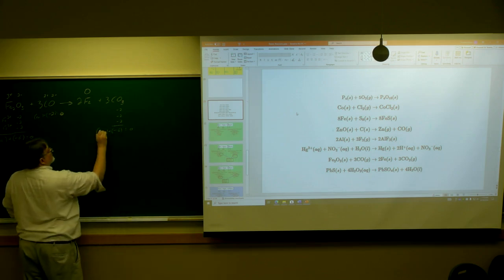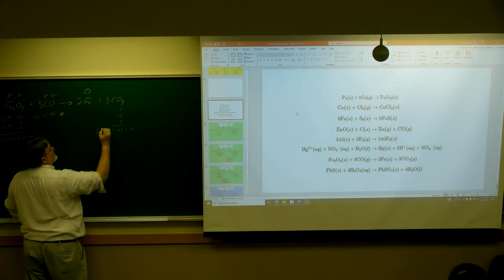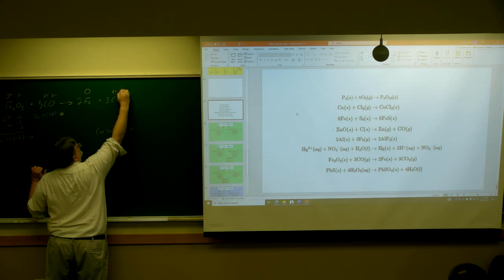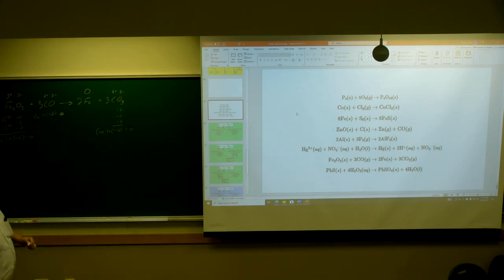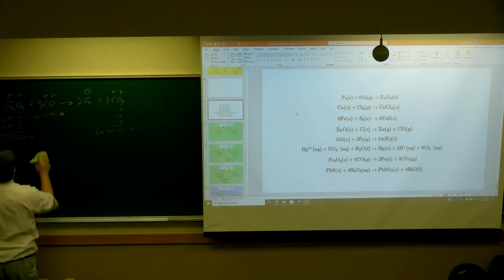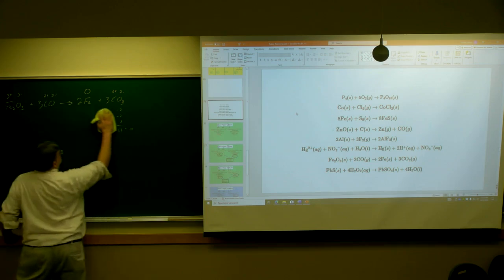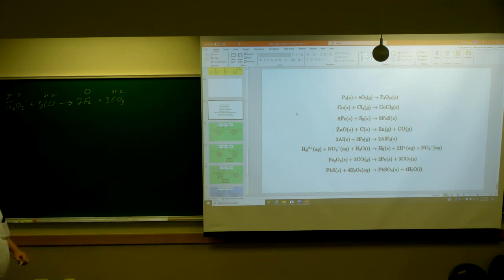So this has to be +6, and there's only one carbon there, so 6 plus and 2 minus. So first, since the word reduced can literally be interpreted as the charge goes down across the arrow.